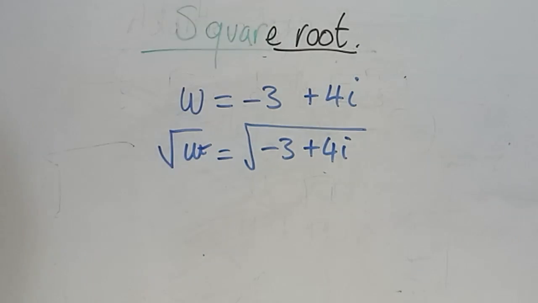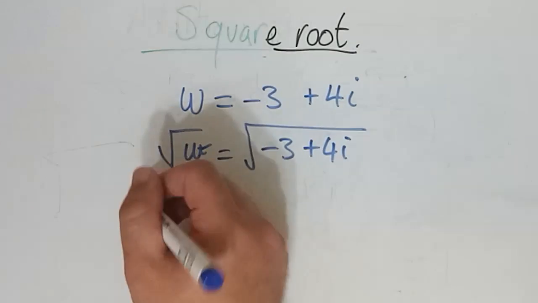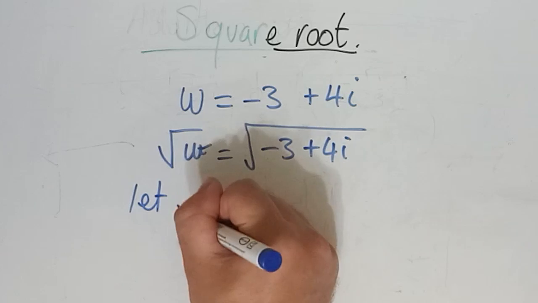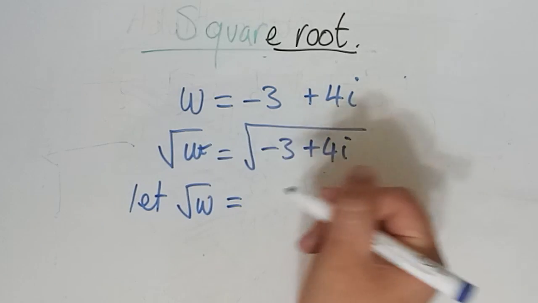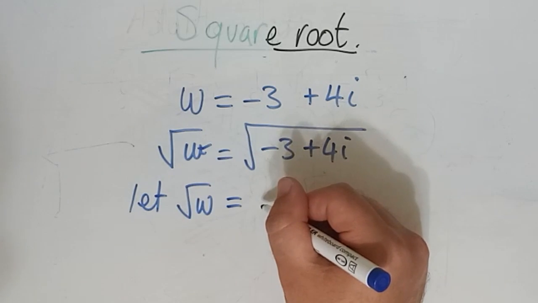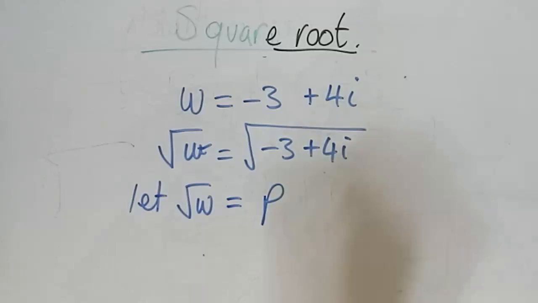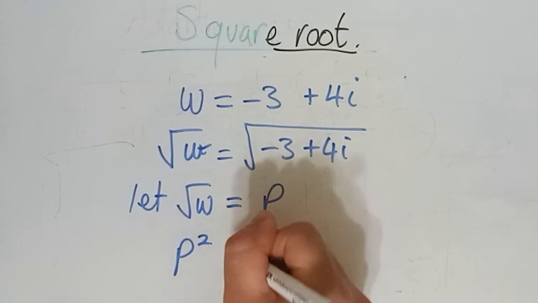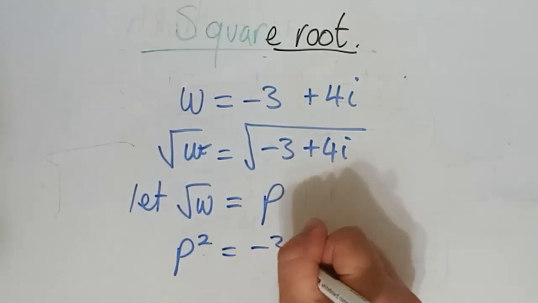Okay, so let the square root of W be the same as, let's go with P this time. Why not? So therefore, we know P squared has to be our original thing.